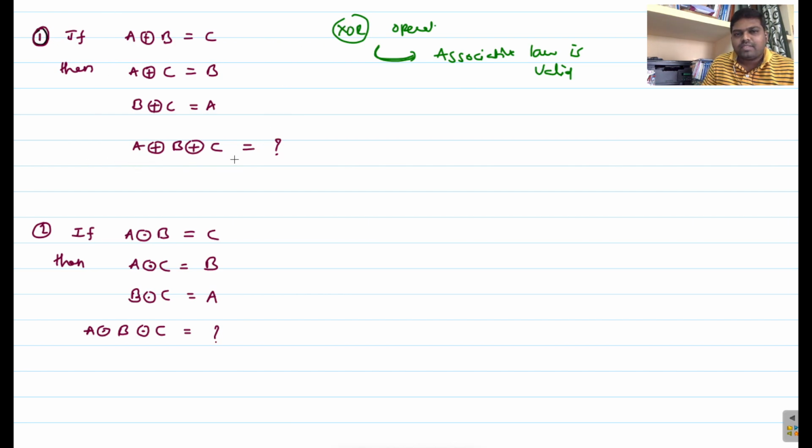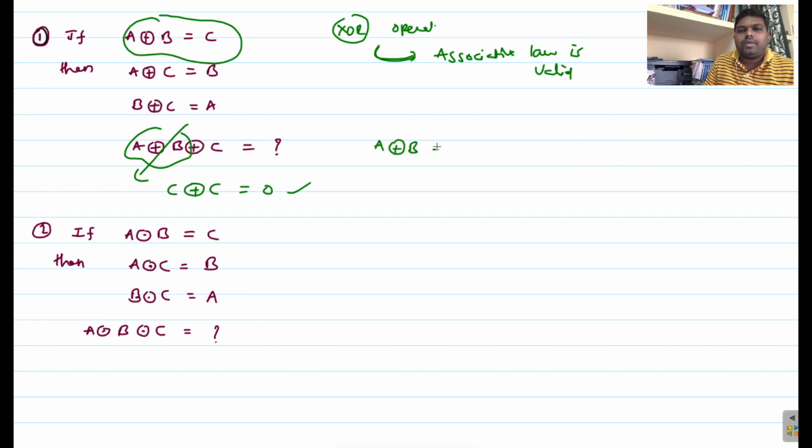A XOR B XOR C equals what? We already have A XOR B equals C, so directly you can substitute C. Now you get C XOR C. If both inputs are the same, the output will become 0. So A XOR B XOR C equals 0. That is the answer.